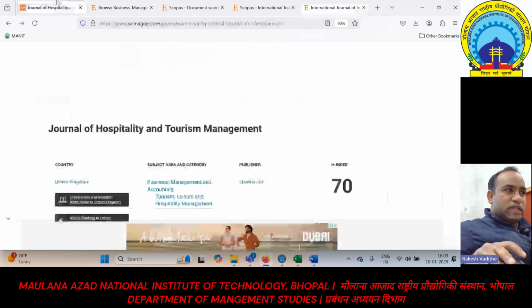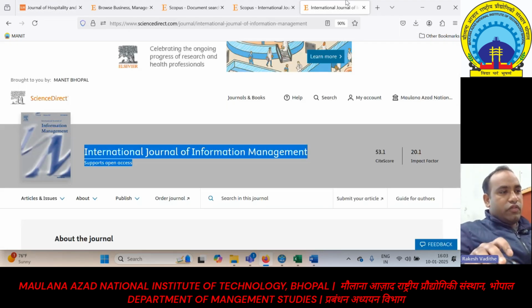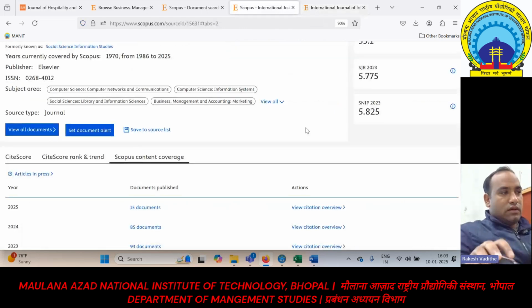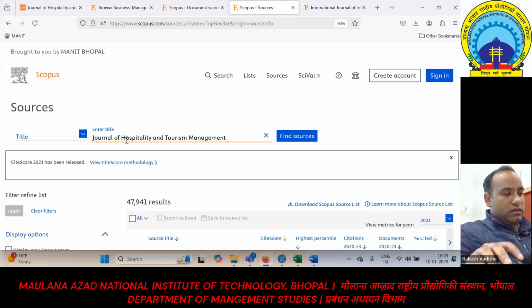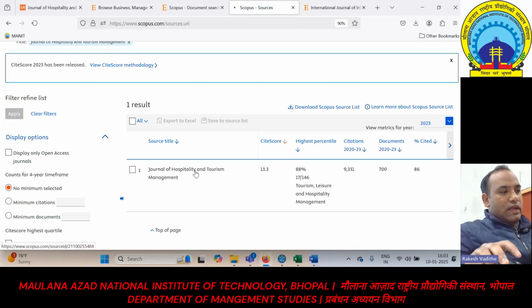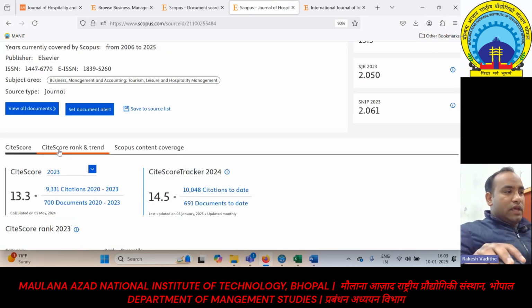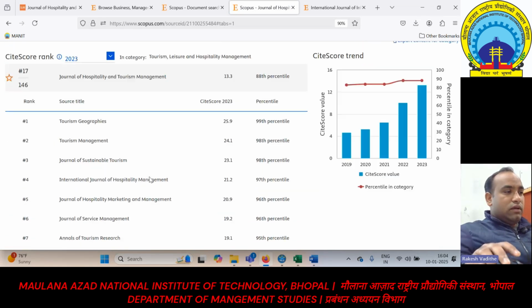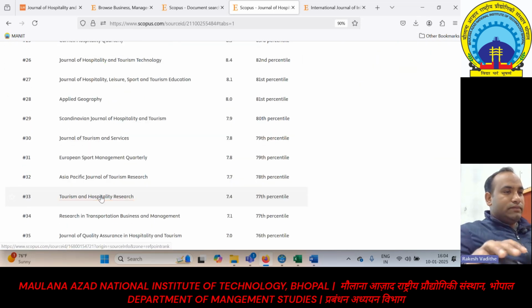Suppose this is the Journal of Hospitality. If you are thinking of this hospitality area, search your area, then you go to this one in the Scopus database. Here, CiteScore, rank and trend are there. By clicking this one, you will find the relevant journals from your area.